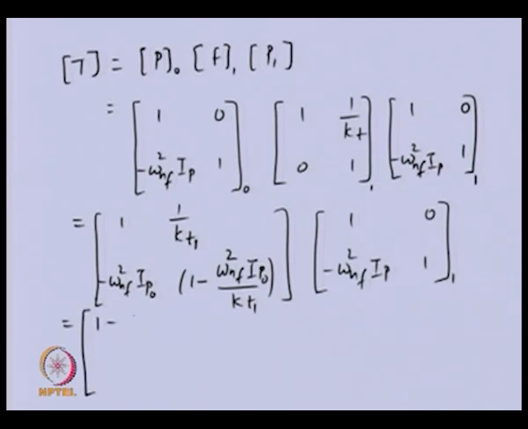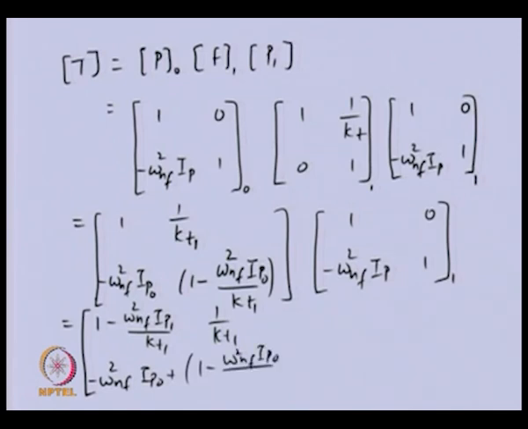we will get IP1 by KT1, then 0, 1 by KT1, and then minus omega NF IP naught, and plus 1 minus omega square NF IP naught by KT1, and minus omega square NF IP1, and the last term is 1 minus omega square NF IP naught by KT1.